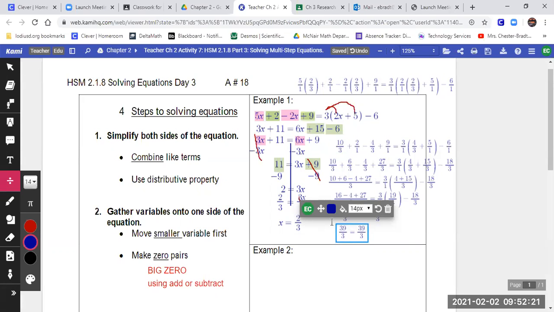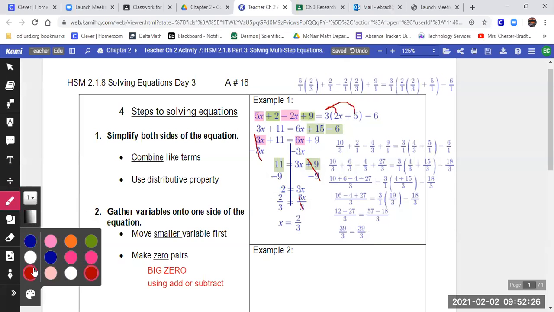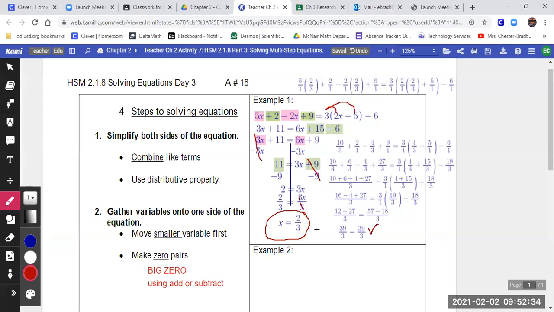Do I care that this reduces? No. Because to check my answer, I don't care anything more than, did both sides come out to be the same thing? Yes. Does 39 over 3 reduce? Yes. But do I have to worry about it? No. For my check, I just have to make sure both sides come out to be the same.